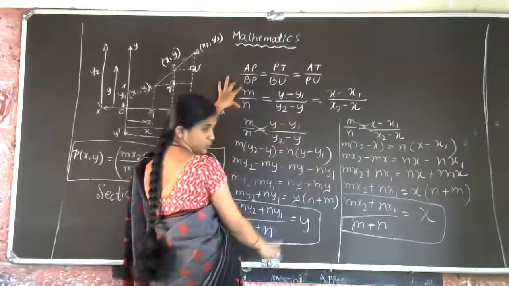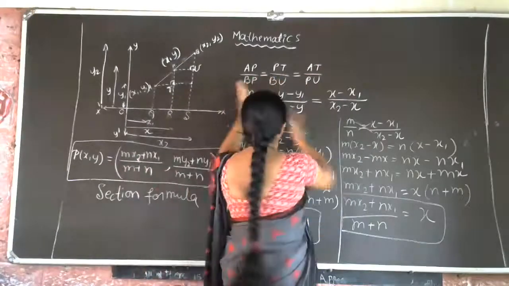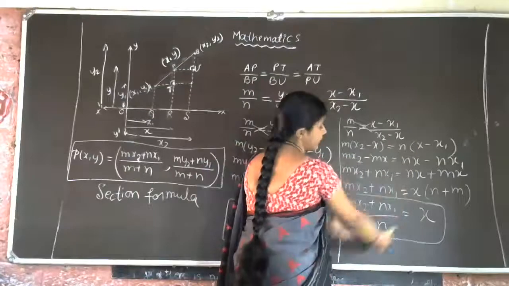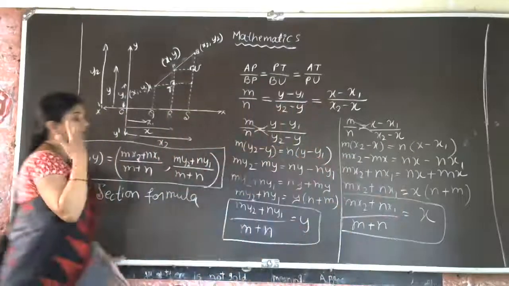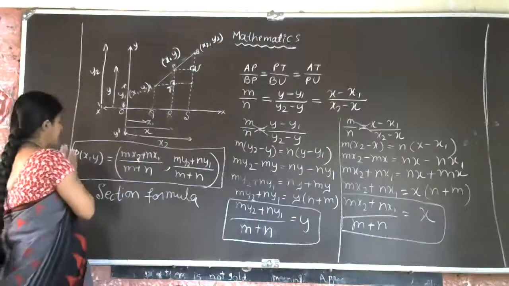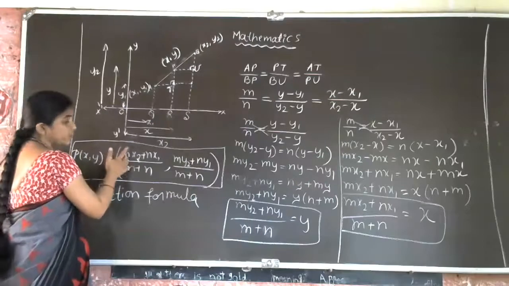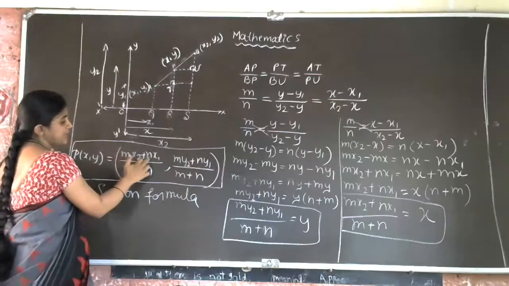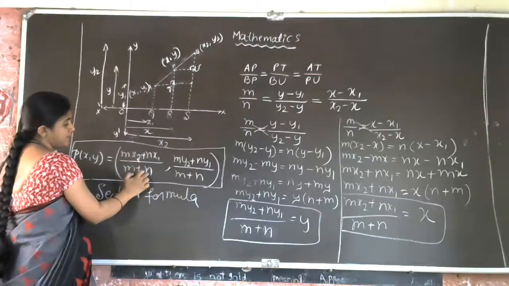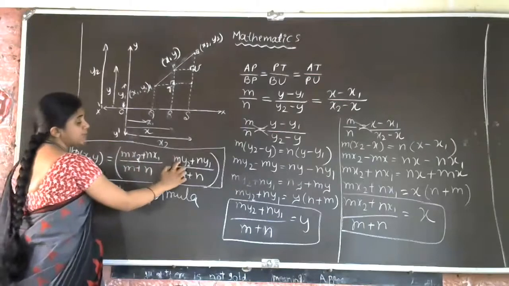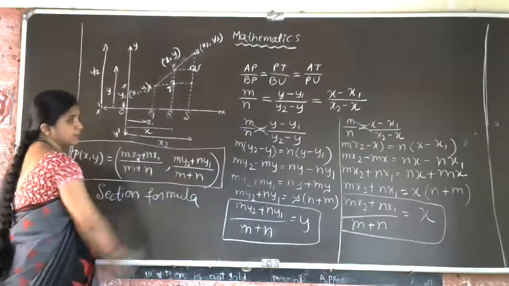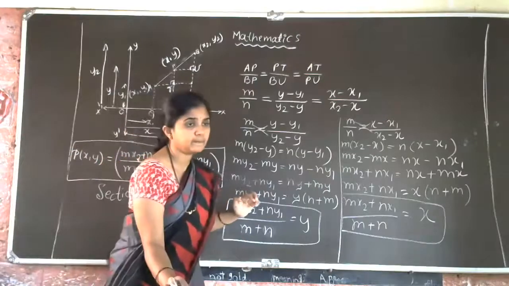Then you will get the y coordinate. Then m by n equal to this one, then you will get x. Then we have to write that in the section formula. That is P of x, y is equal to mx2 plus nx1 divided by m plus n, comma my2 plus ny1 divided by m plus n.